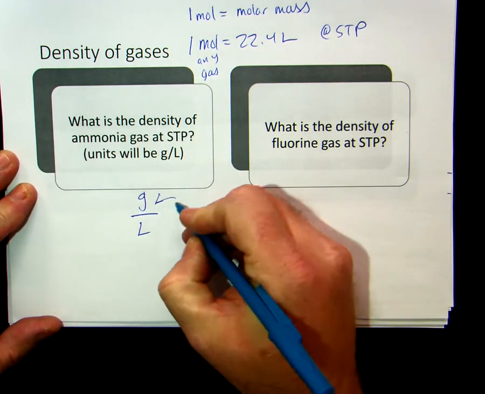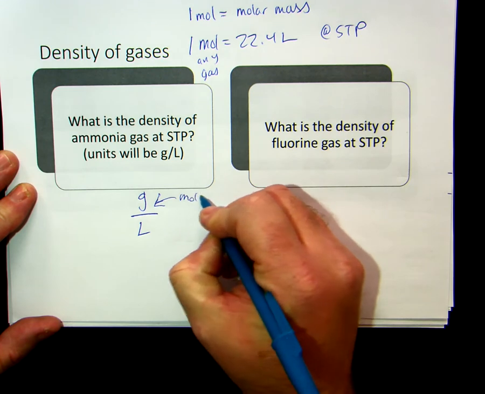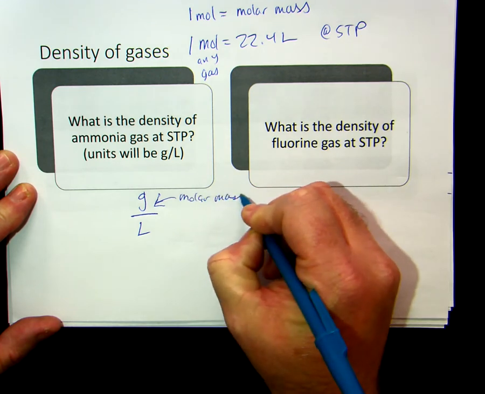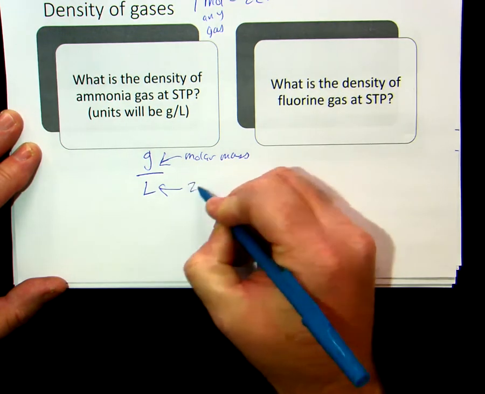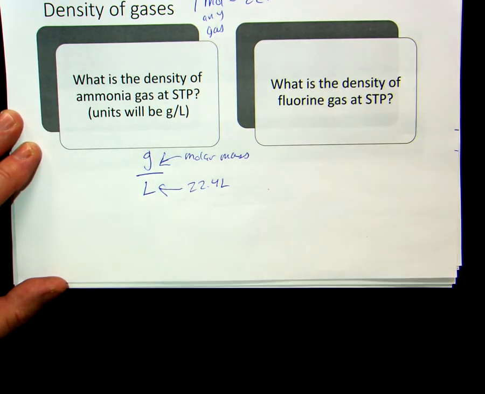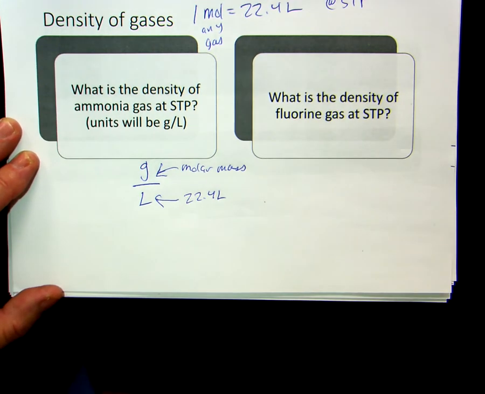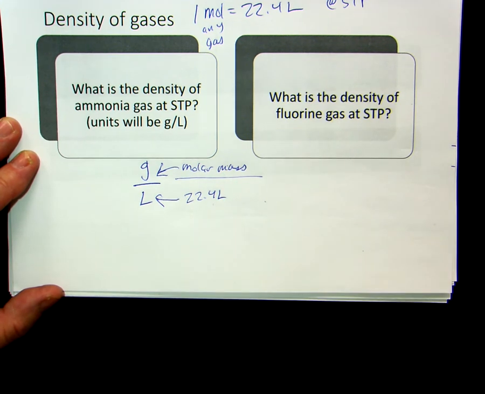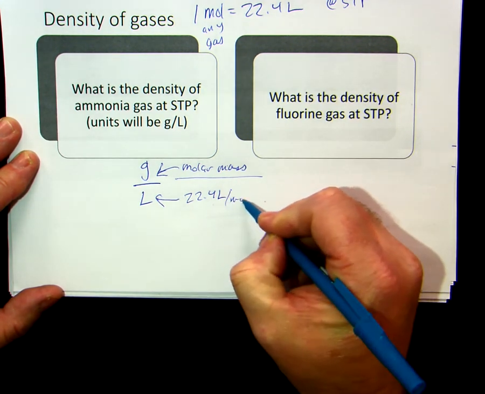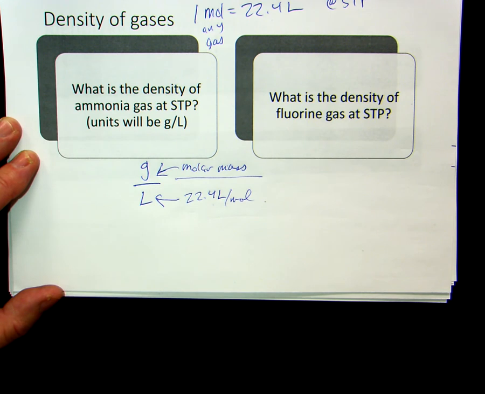The grams come from the molar mass of whatever substance you're looking at. The liters come from the 22.4 liters per mole. So basically, to solve the density of any gas, I just need to divide its molar mass by 22.4 liters per mole, and I will be able to get the density.